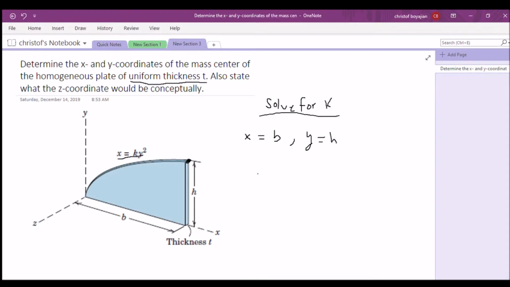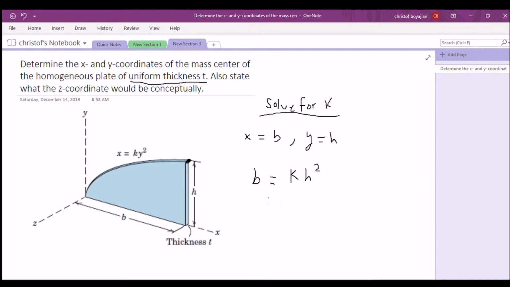So we're going to have, instead of x, b, and then k, which is what we were solving for, h squared, because we replaced y with h.